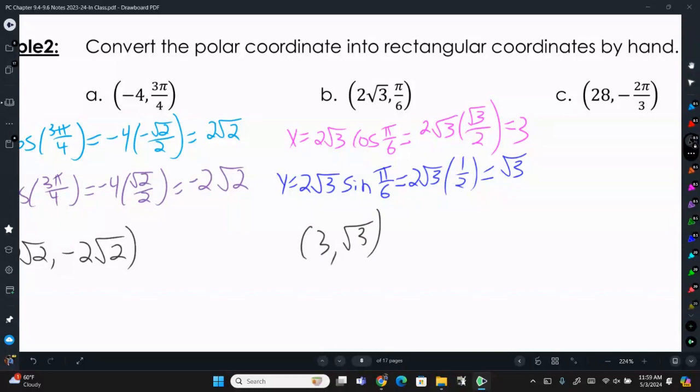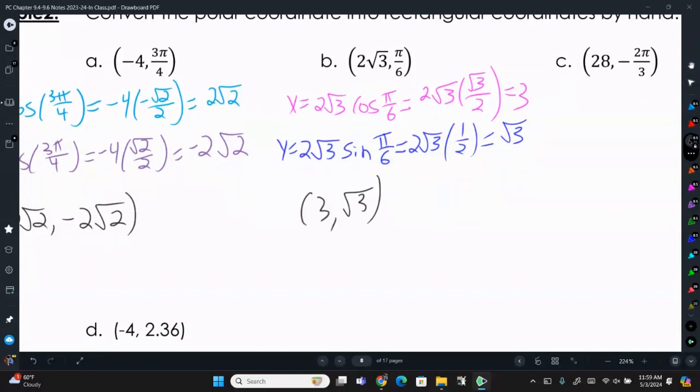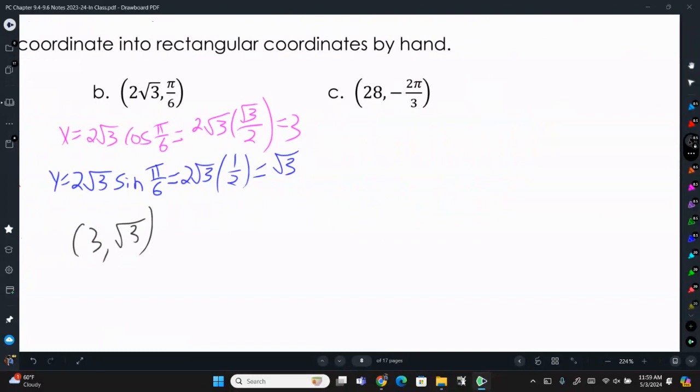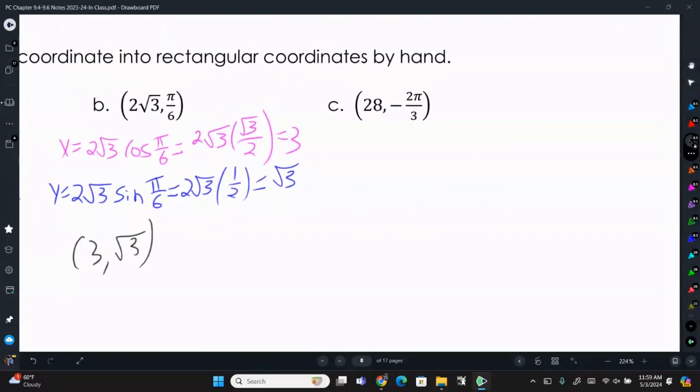So we're going to do letter C and D with a calculator. Letter C is the unit circle one, but I just want to show and get practice using the calculator. So x would be 28 times the cosine of negative 2 pi over 3, and y would be 28 times the sine of negative 2 pi over 3.